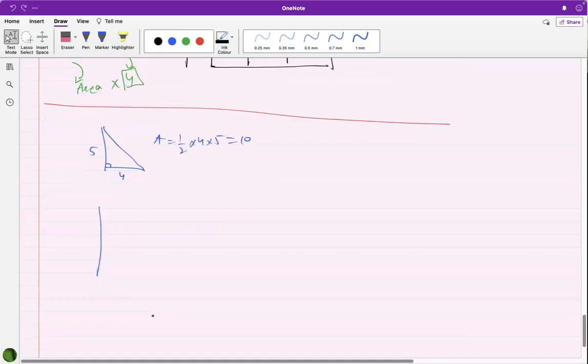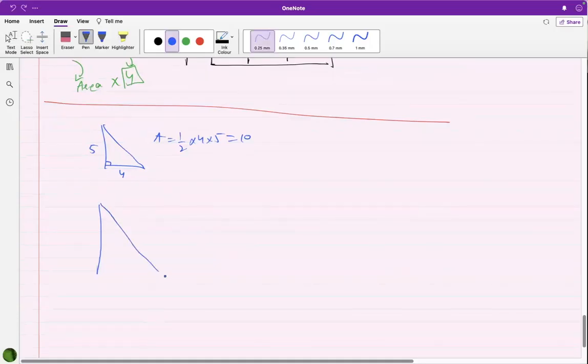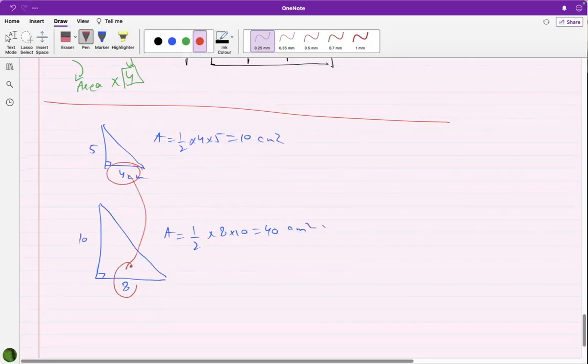Let me draw a nice shape. This is 8 and 10, and we know that this will be 1 by 2 into base into height, which is 40. Let's say these are centimeters, so centimeter square. Now just observe, length is being doubled. What happens to area? Times 4.